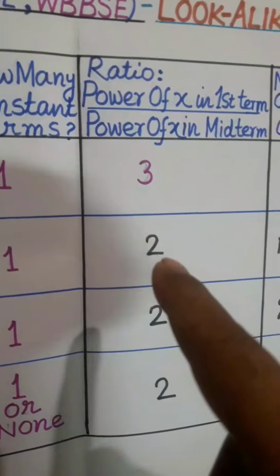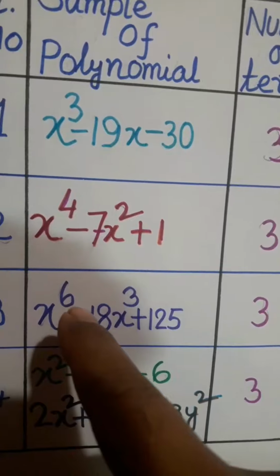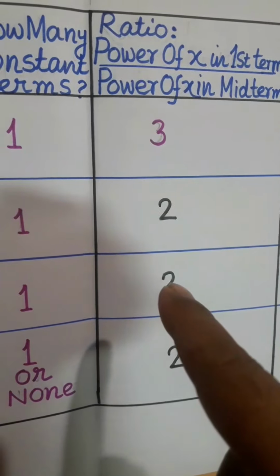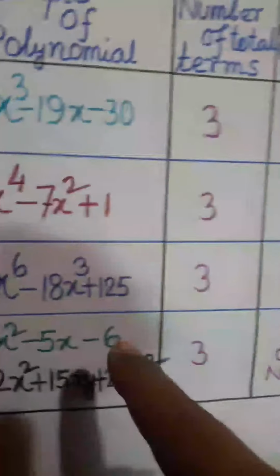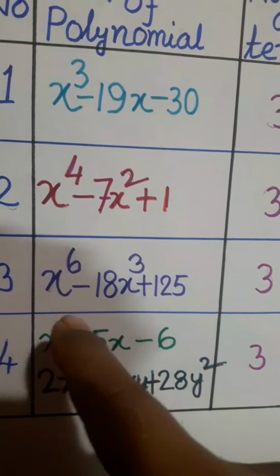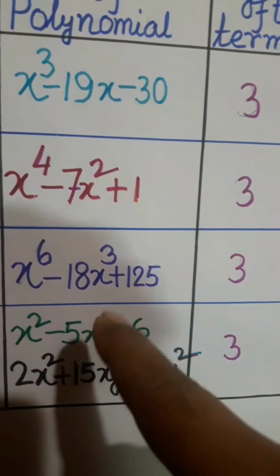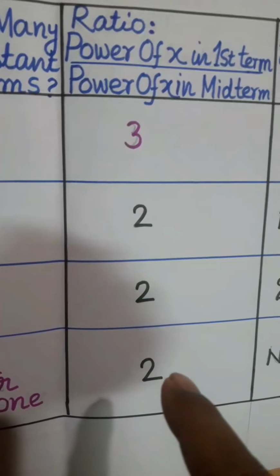In the third, the first term power is 6, the mid term power is 3. So again the ratio is 2. And in the fourth polynomial, the power of x in the first term is 2 and in the mid term it is 1. So again the ratio of the powers is 2.